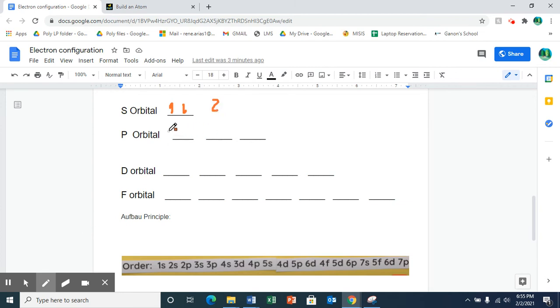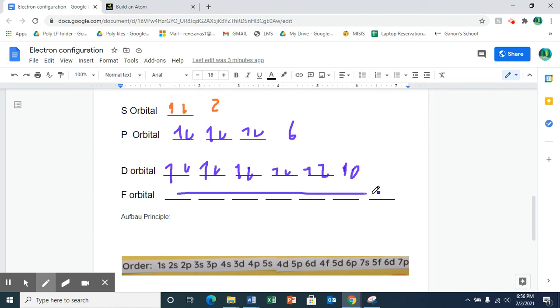My p orbital has up spin, down spin, up spin, down spin, for a total of 6. My d can hold 1, 2, 3, 4, 5, 6, 7, 8, 9, and 10. It can hold 10. You kind of get the point, I won't draw all of this, but it'll be the same. The f can hold 14, so that's 7 subshells, and it can hold 14.